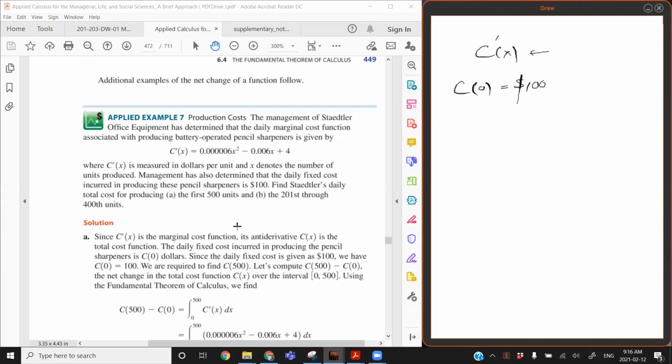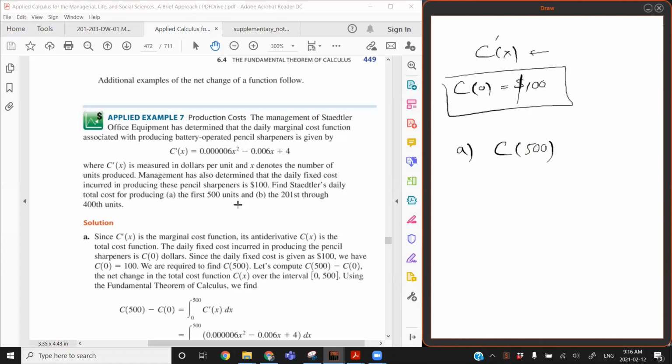However, there is a plus C at the end, which you don't know, but you're given one point from the curve that will help you find the value of C. If you have that, then you can answer part A and part B. Part A is, what is the cost of producing the first 500 units? For part A, you want to know what C of 500 is.